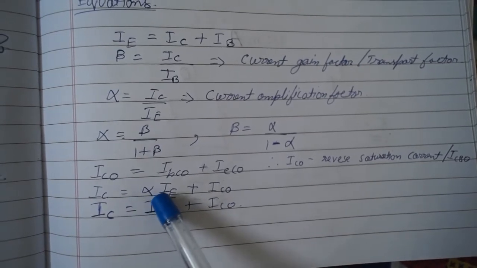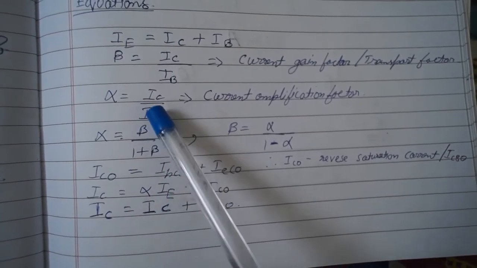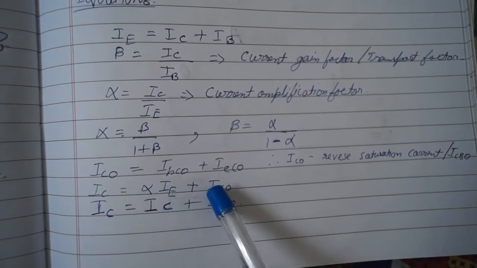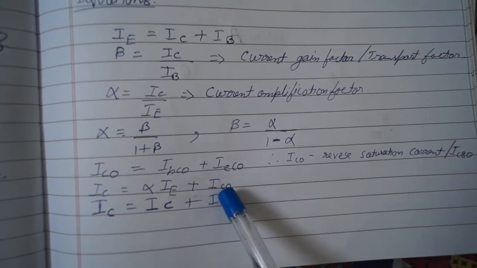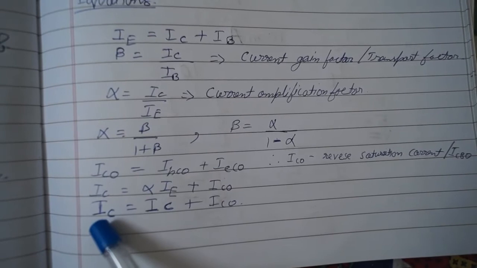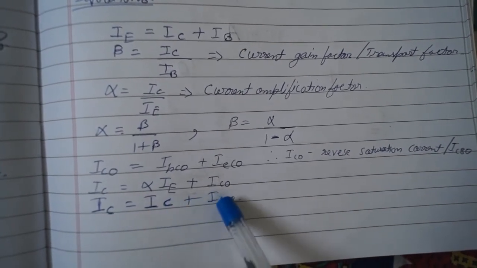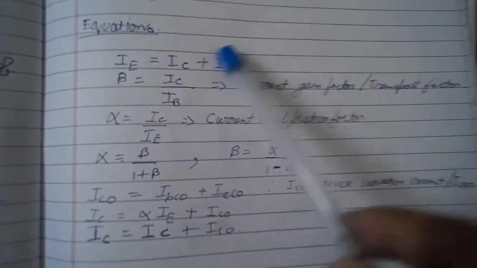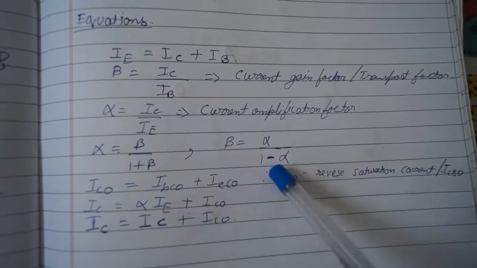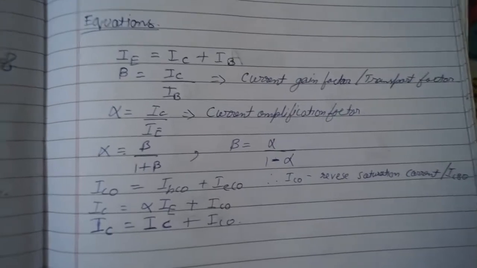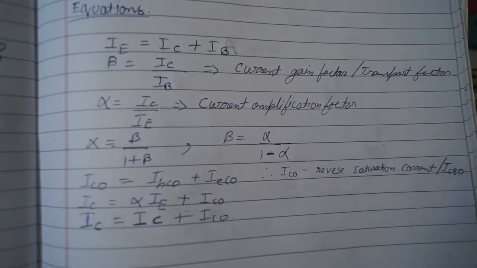One is alpha IE, and the other is the reverse saturation current, so we can write collector current equals IC plus ICO. With this set of equations we can derive almost all the circuit parameters of the BJT.